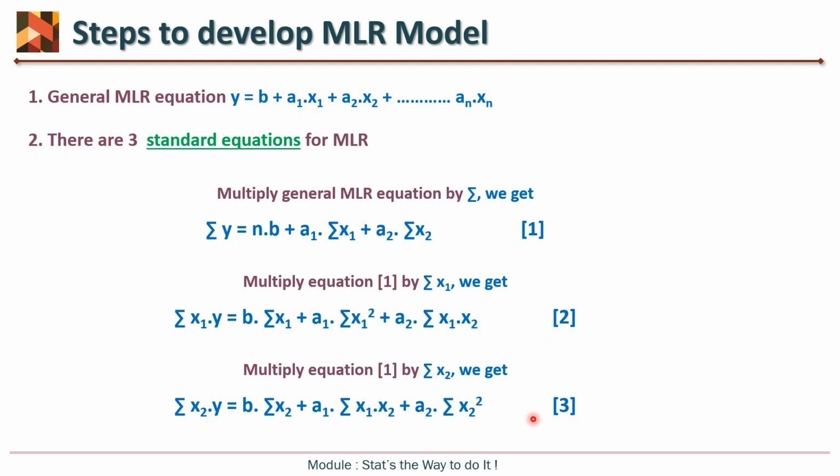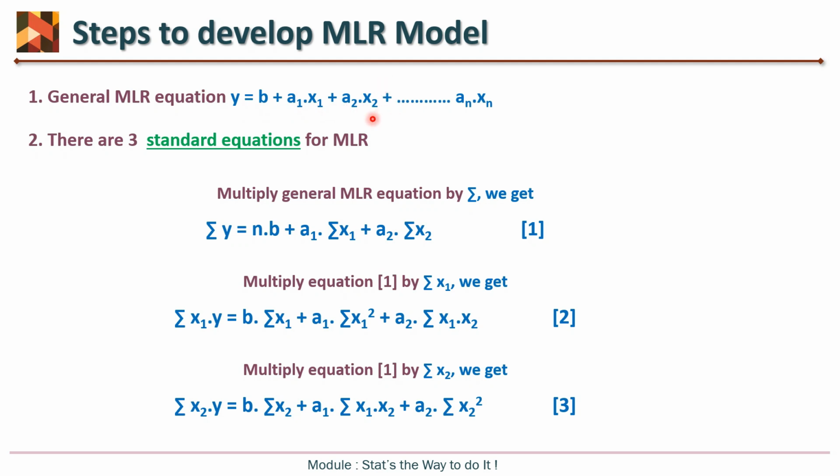So listen very carefully. If possible, you can rewind this particular set of time repeatedly to understand how these equations are generated. As I said, the general MLR equation up to 2 factors is y equal to b plus a1 x1 plus a2 x2, till here only.